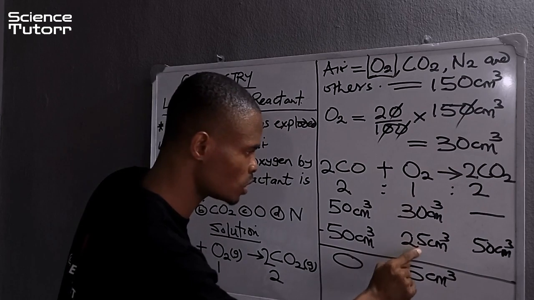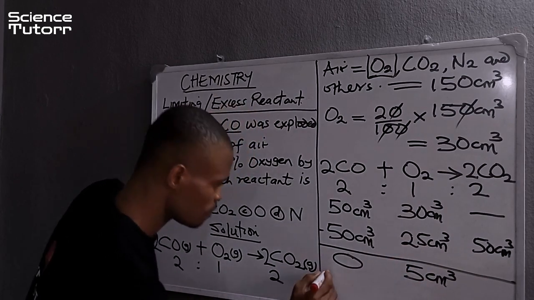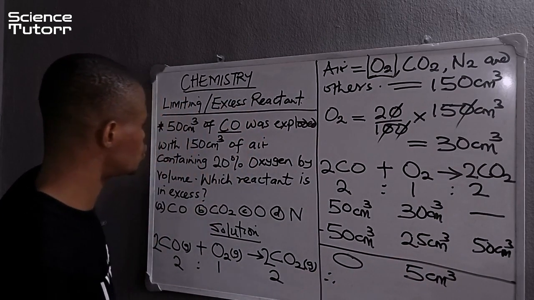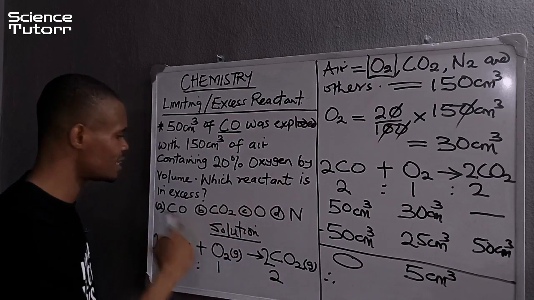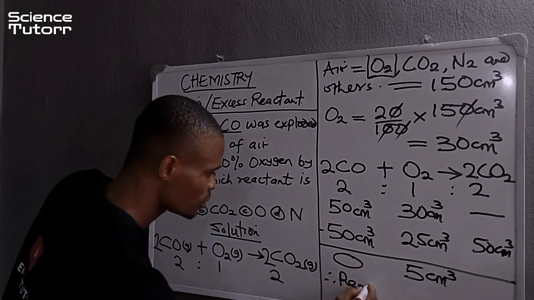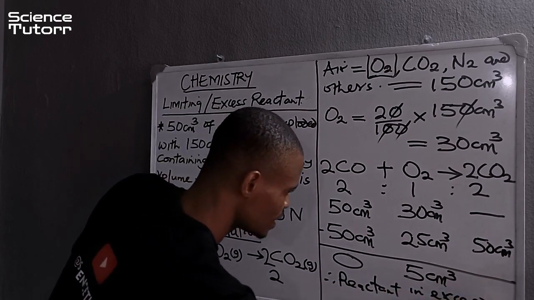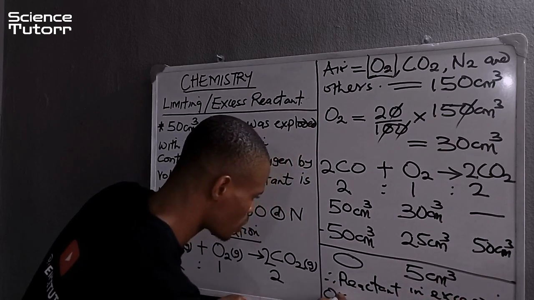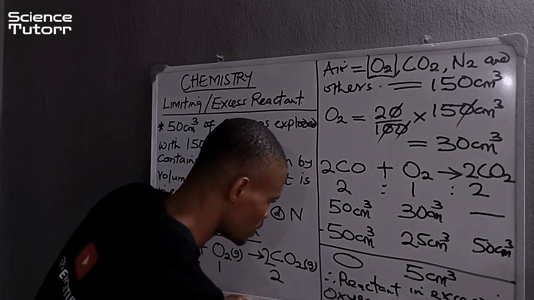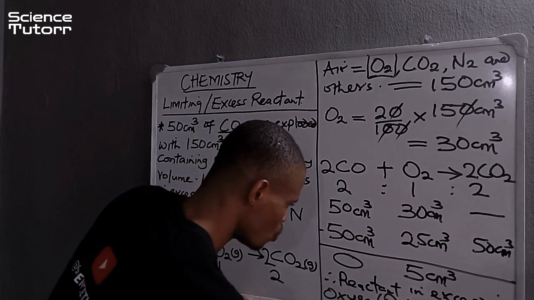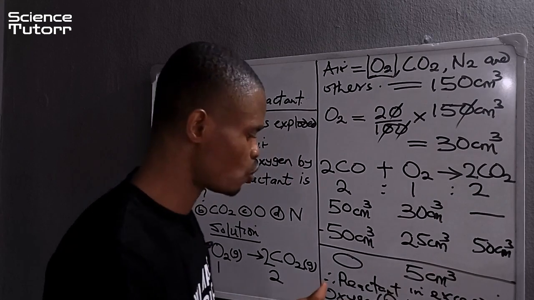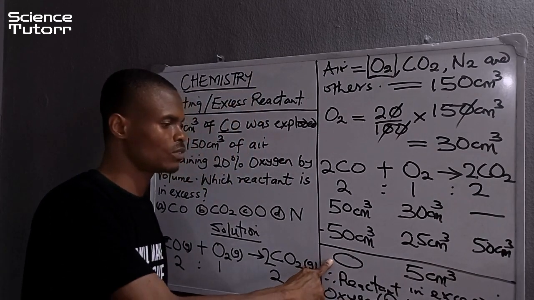So 30 minus 25 gives us 5. At the end of it all, we could say the reactant in excess is oxygen gas, that is O2. Why? 5 cm³ is left against 0.